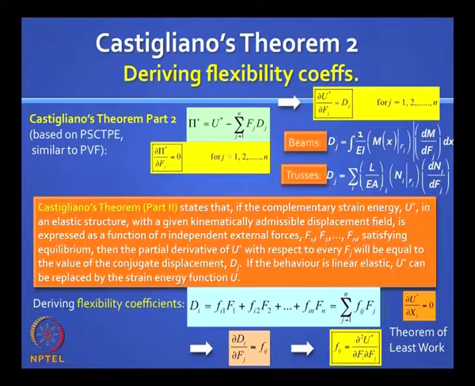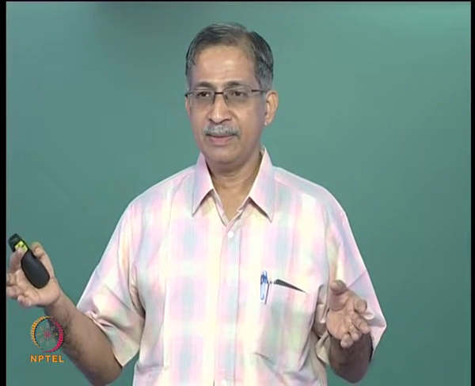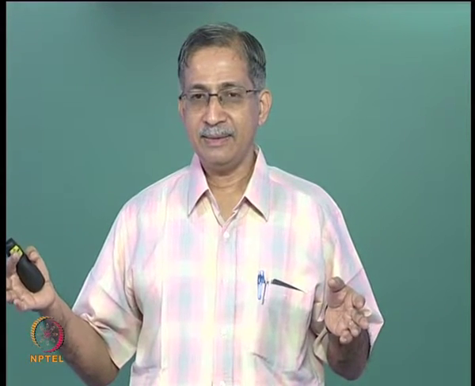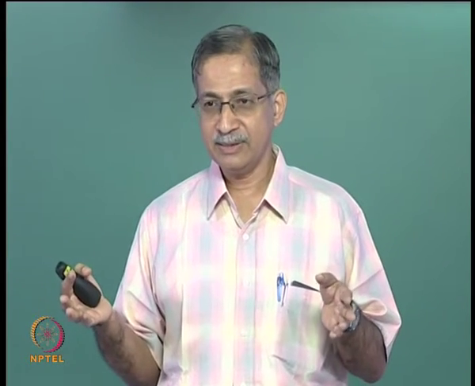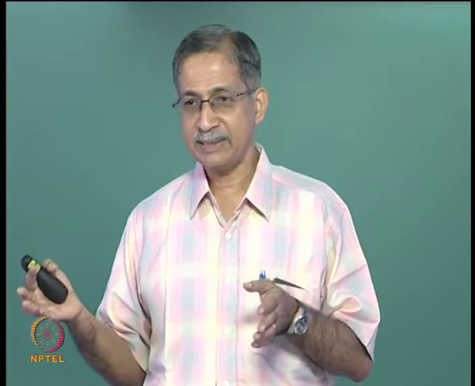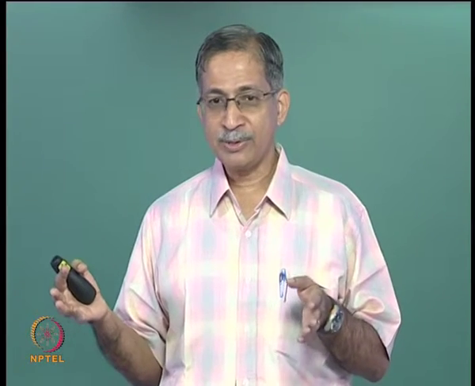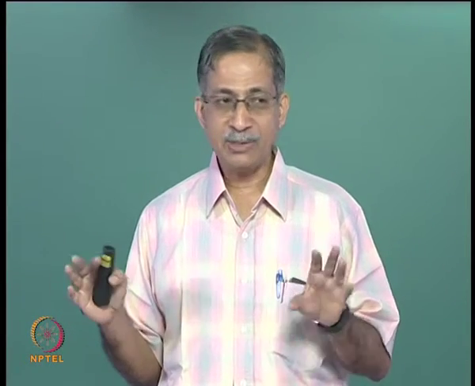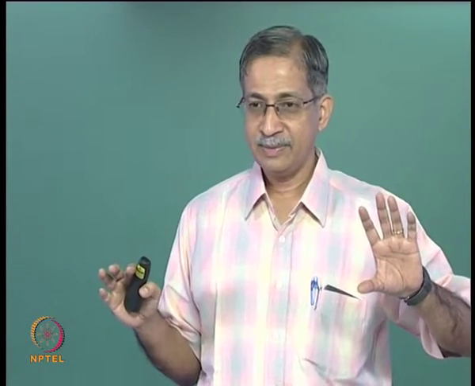Now there is a special application of this theorem, called the theorem of least work, to solve statically indeterminate structures. Let us say you have a continuous beam and you want to choose the redundant reactions as your redundants. So x1 to xj, dou u star to dou xj actually denotes what?